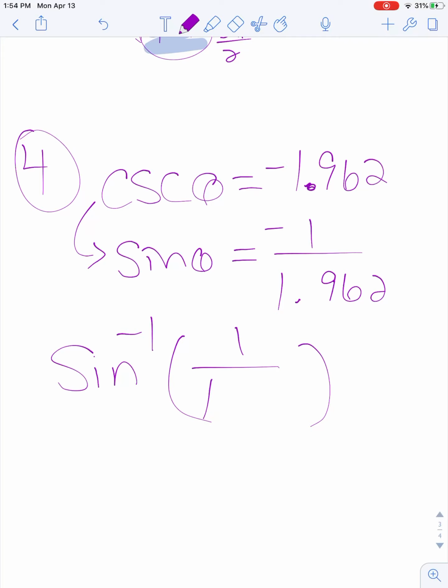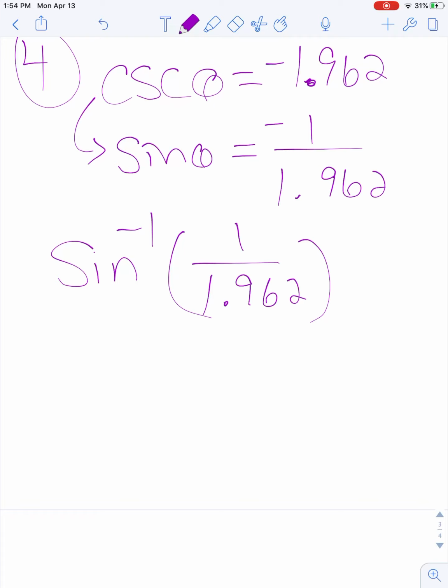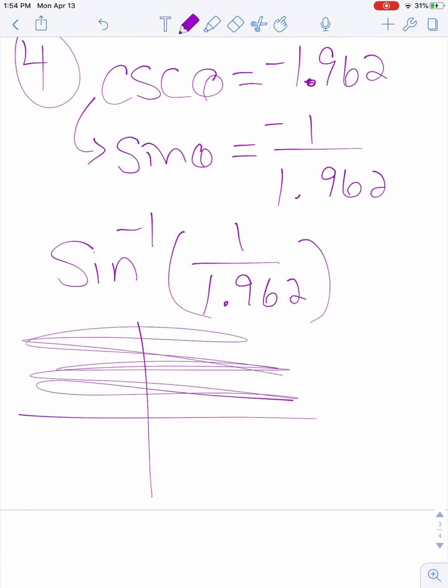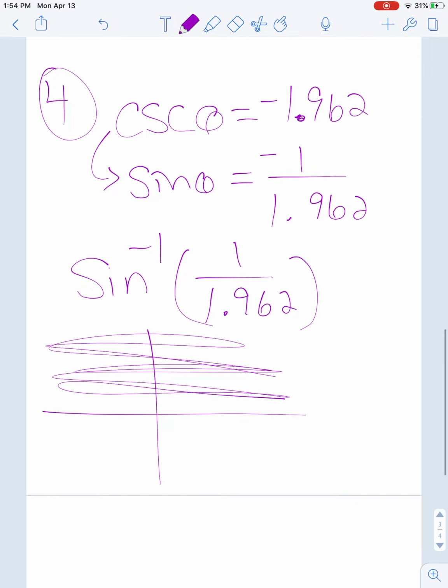Now notice, I am not going to plug in the negative, because how am I going to account for the negative? When I draw my quadrants, I know sine and cosecant are negative in the third and the fourth. So that picture has accounted for that negative. I do not put the negative in the calculator. And remember, never, ever do you type in 1 divided by the inverse of something.